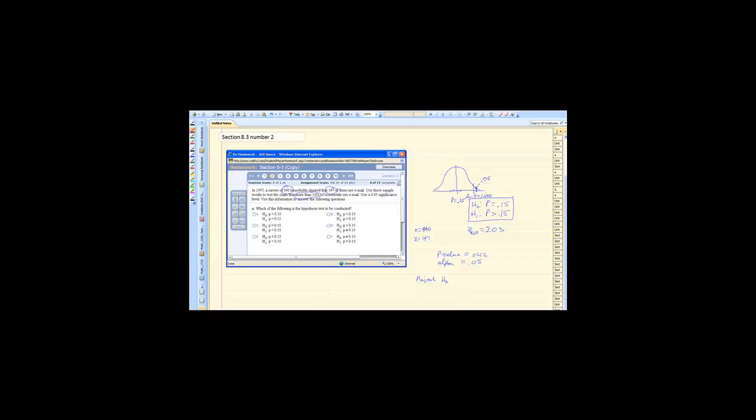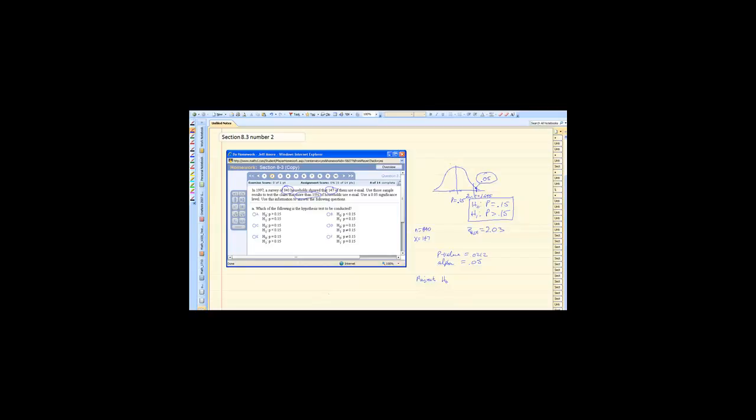Now that critical value, which we determined from this 0.05 level of significance, or alpha, 0.05, was the point where we said, if we go beyond this value here, if our z-statistic, or in other words, our sample proportion, x over n, lands us beyond this point, then we're going to reject the null hypothesis. We'll reject that null hypothesis, and we will conclude that the actual population proportion is greater than 0.15.